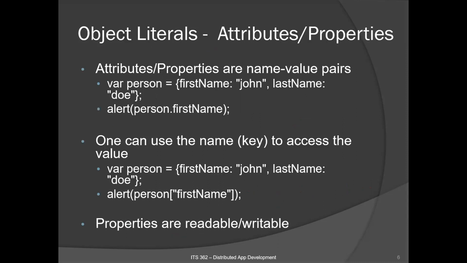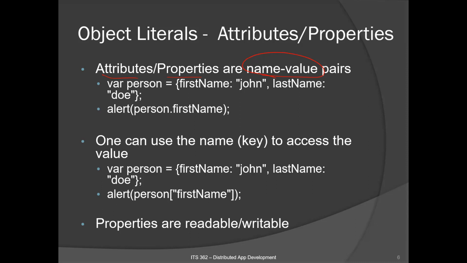Okay. Object literals. So we have this other approach of just directly creating the entire object with object literals. We can specify the attributes or properties as name value pairs. You've probably heard that term before, it's very common: name value pairs or key value pairs, and they're basically just the name of the attribute and then the value associated with it.